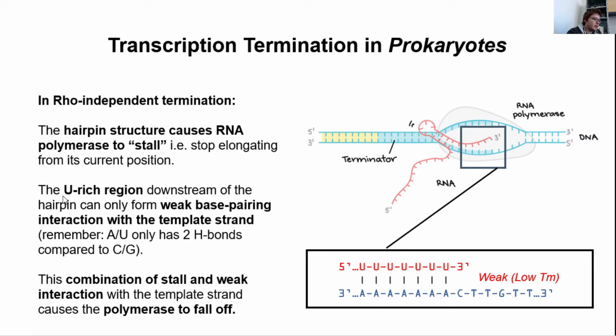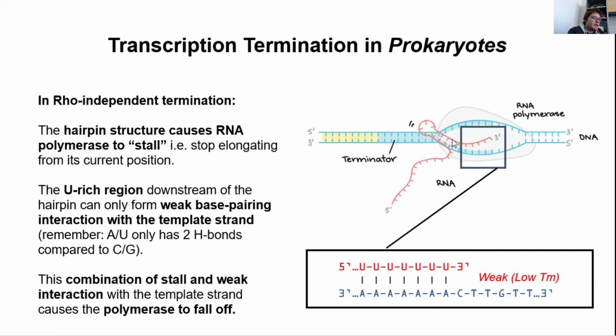And the other is that the U-rich segment, which is what's actively making base pairing interactions with the template strands, well, this is made up exclusively of UA base pairing. And remember, we talked about in the lecture on base pairing earlier that A and U, or A and T, either one, only interact using two hydrogen bonds compared to 3 hydrogen bonds for CG.